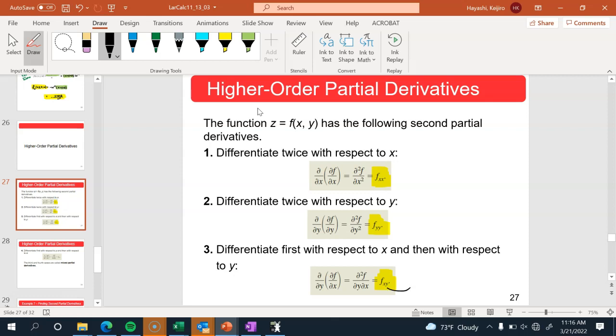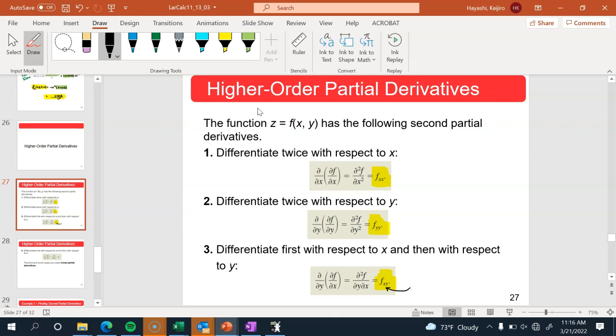But I want to specify that when you're taking the partial derivative with respect to 2 different variables, one after the other, the order can matter. It doesn't always, but it can. So you want to be sure that you're interpreting this correctly.